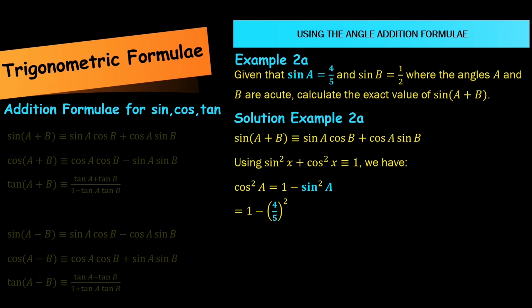We're going to plug in the value of sine A as shown to give 1 minus 16 over 25, which is equal to 9 over 25.